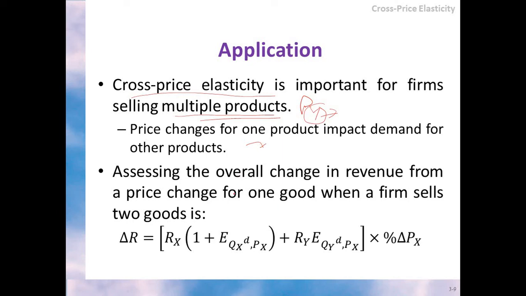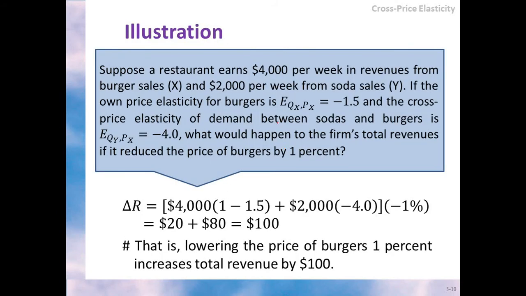So we can see that the net effect will be a little bit different by understanding this cross price elasticity. Don't worry about this formula, I just show you the illustration here. Let's say a restaurant: normally they won't only sell food or drinks only.